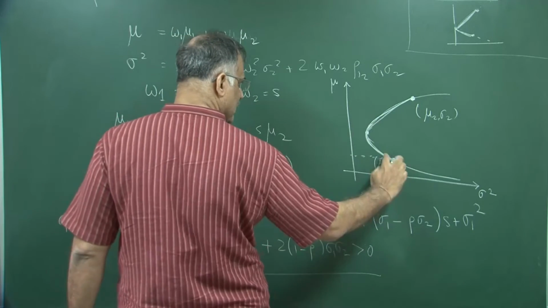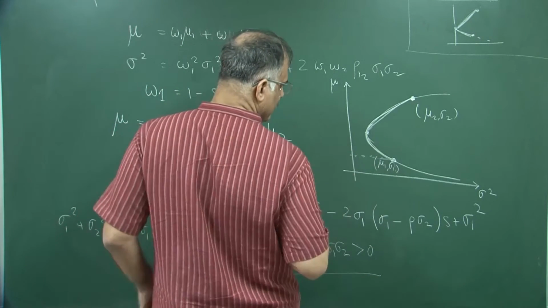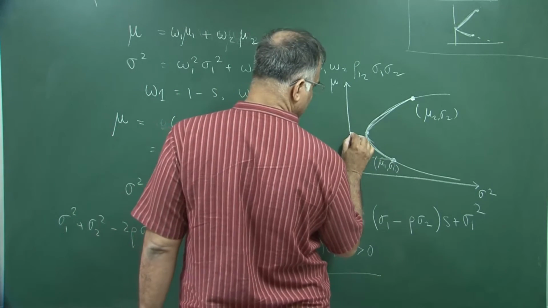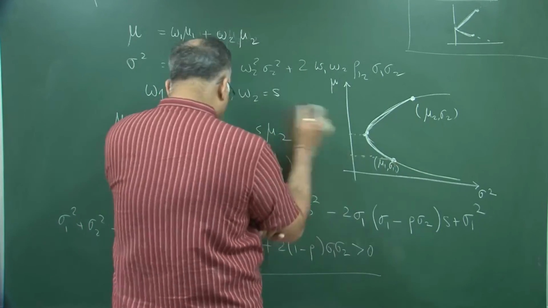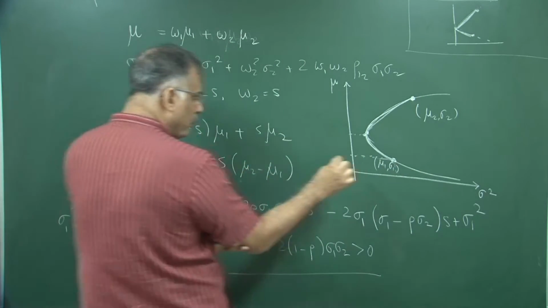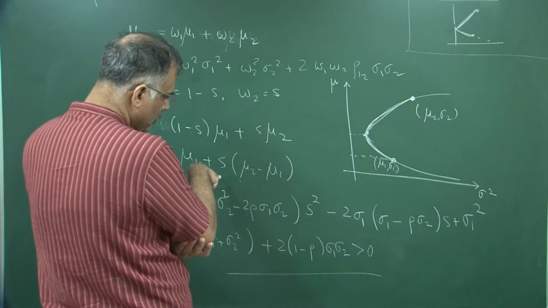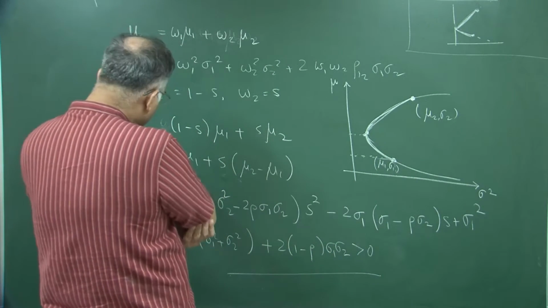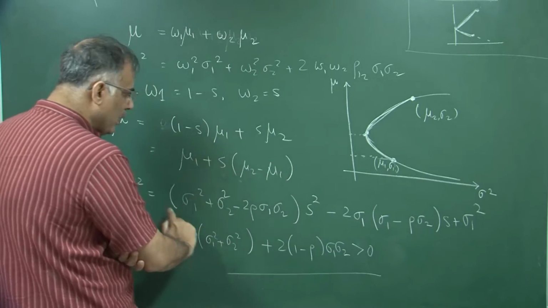So, for some value of S which we do not know, between 0 to some point, as S keeps on increasing, the mu value keeps on increasing, mu goes up. But what happens to the sigma value?